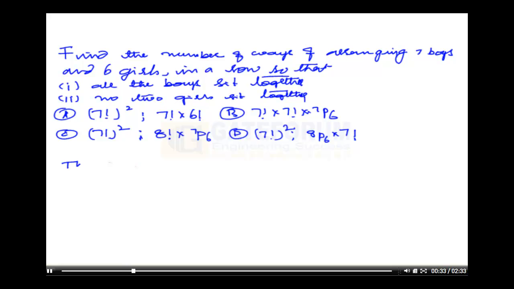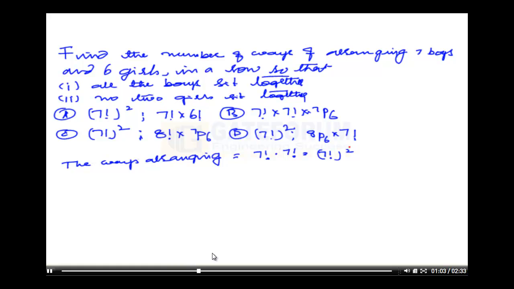Hence, the number of ways of arranging them is 7 factorial. But these 7 boys can be arranged among themselves in another 7 factorial ways. Therefore, it should be 7 factorial whole square. That is for the first question.